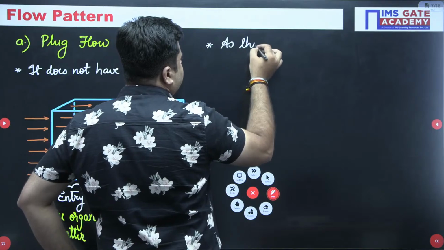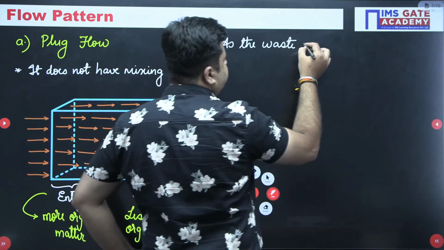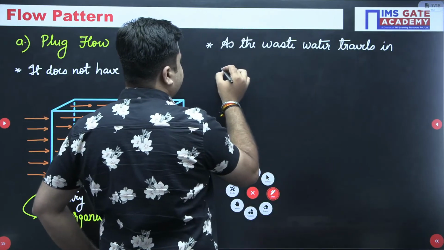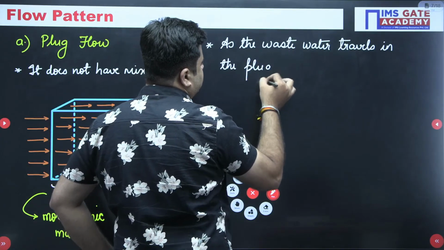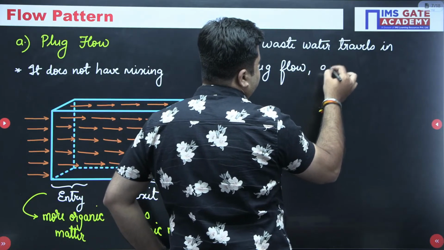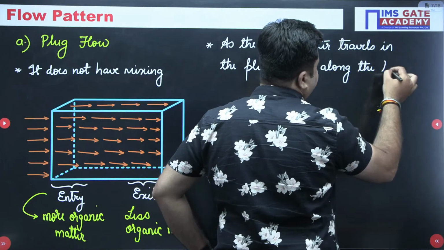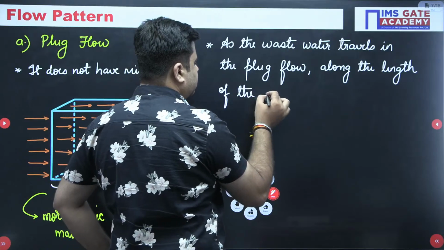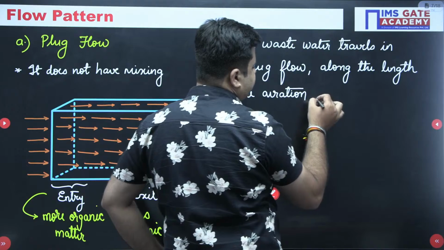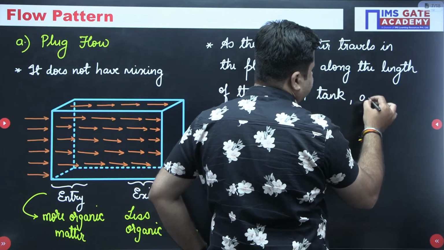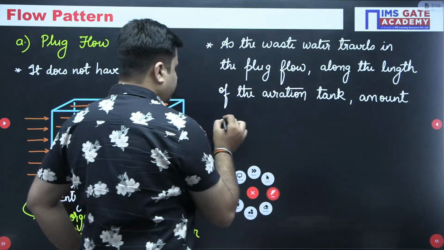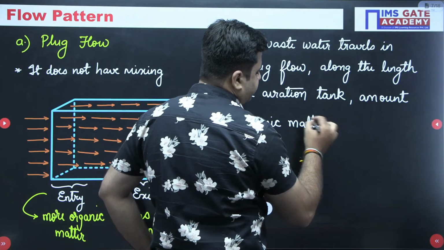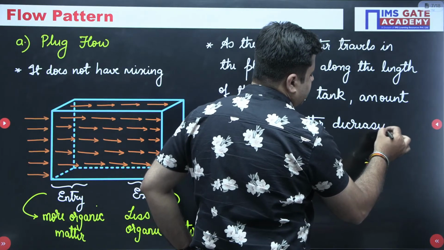As the wastewater travels in the plug flow along the length of the aeration tank, the amount of organic matter decreases.